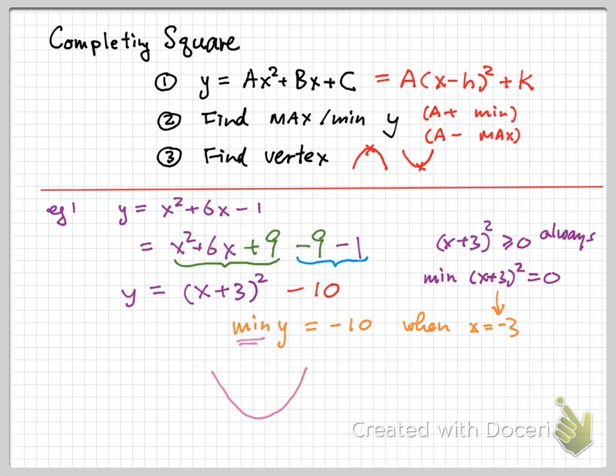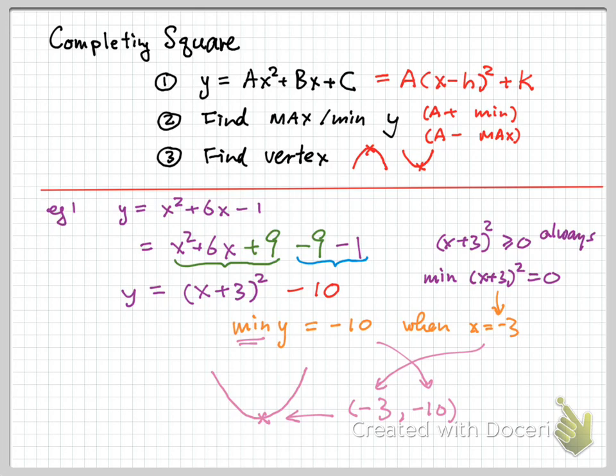That particular minimum value will be this point, the position where x is −3 and y is −10. So this is the position of the vertex. We get it from the result of completing the square.